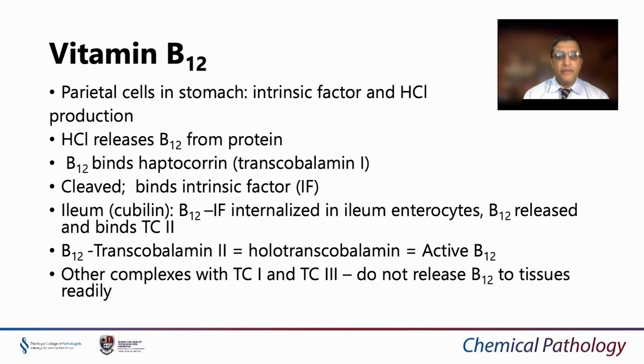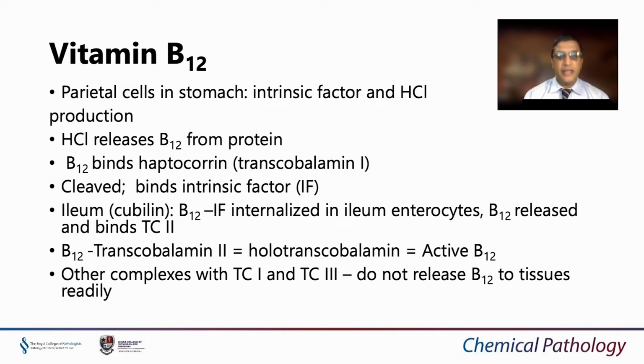Vitamin B12 has a complex absorption. HCl releases B12 from protein ingestion, and the B12 then complexes with haptocorrin, also called transcobalamin 1. Within the duodenum, this is cleaved and is able to bind intrinsic factor. At the ileum, it then is internalized, and the B12 and the intrinsic factor separate.